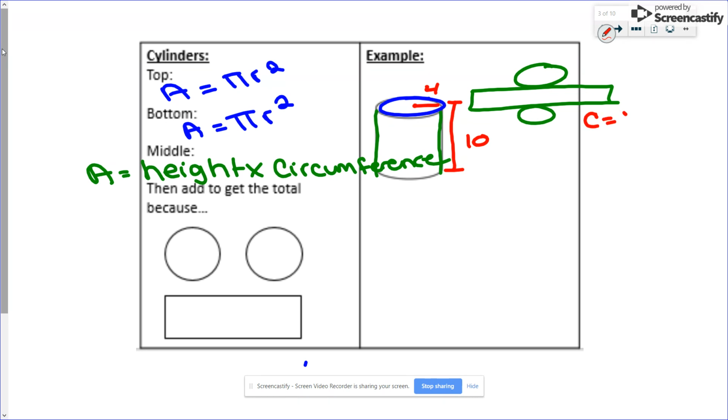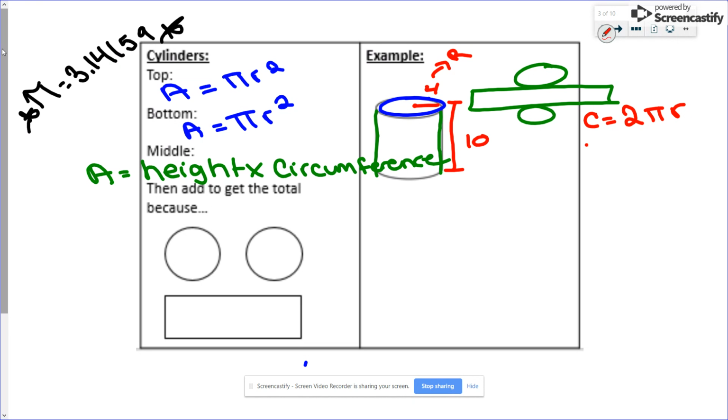Remember, circumference is 2 times pi times your radius. So we have our radius, that's 4. And we know pi is always going to stay the same. Pi is always 3.14 every time.